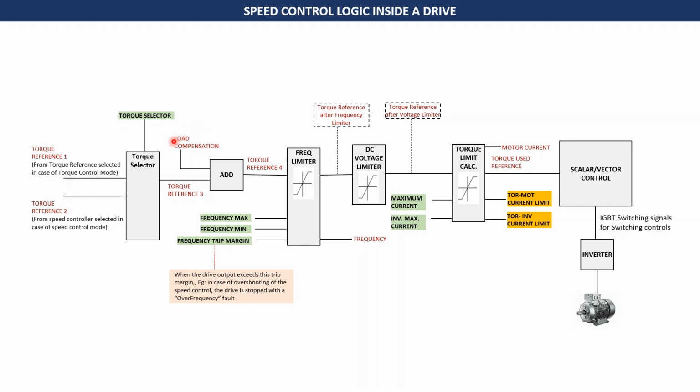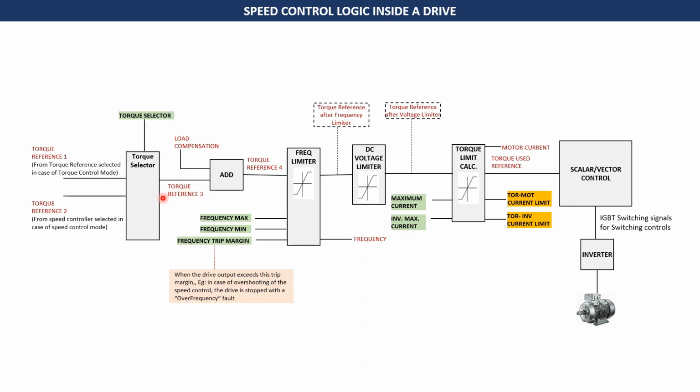So this is the amount of torque which is required to overcome the inertia of the motor, because your motor in most of the cases will be coupled to a gearbox and some additional load as well. So you would want to compensate for the additional losses that are incurred to meet the inertia of the additional load. So that is load compensation.